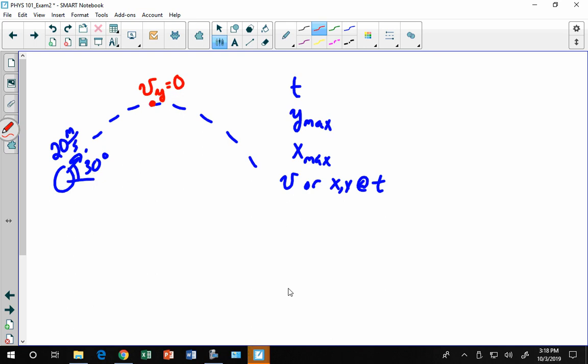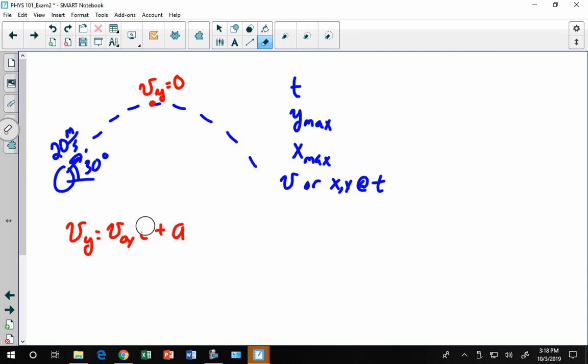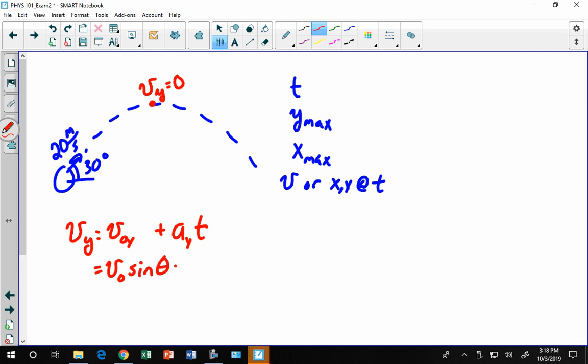Okay, so when I say that Vy is equal to 0 at the top, I look on my form where I have all my equations written. Vy is equal to V naught y plus ay t. V naught y is V naught sine of theta, minus 10t, and that's equal to 0.